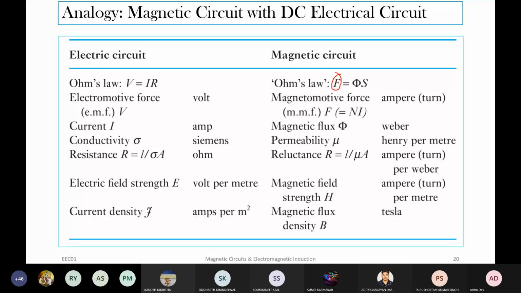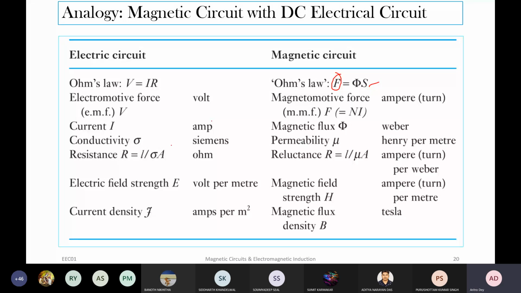Once you have magnetomotive force, then the flux lines will be produced, and that is dependent on the reluctance. The more the length of the circuit, the more is the reluctance, same as in the resistive circuit. If the wire length is more, similarly your resistance will be more. So current I and magnetic flux phi are analogous. Unit here is ampere, there it is Weber. Electromotive force unit is volt and magnetomotive force is ampere turn.